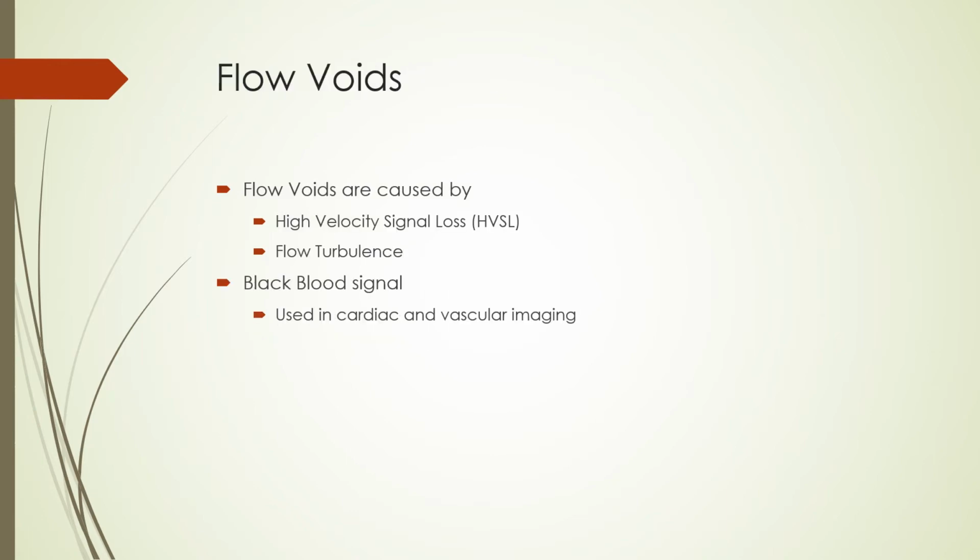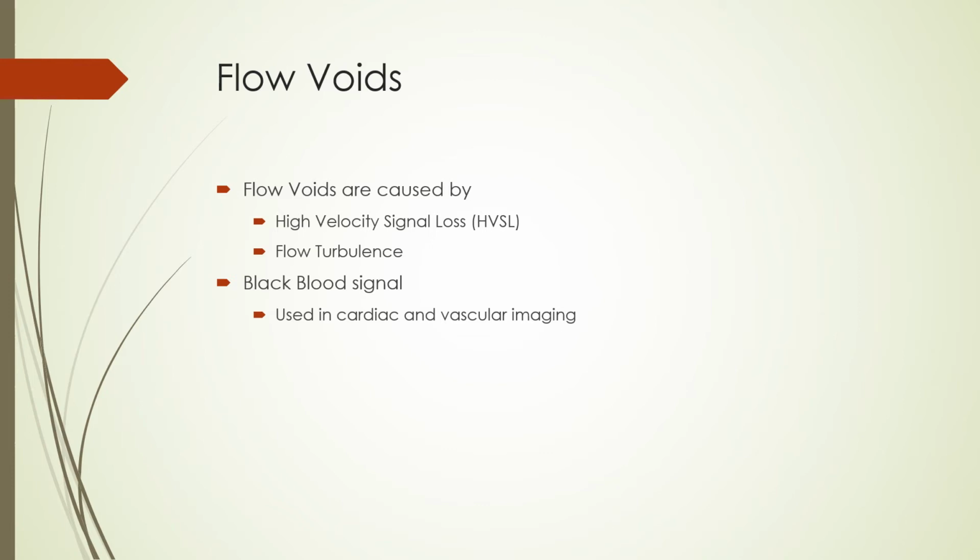Flow voids result from signal loss due to two types of fluid motion. The first is high velocity signal loss, which happens because protons in the flowing blood move out of the slice during echo formation, causing a lower signal. The other flow void is due to flow turbulence. This is caused by a dephasing of protons in the blood with a resulting loss of the tissue magnetization in the area of turbulence.